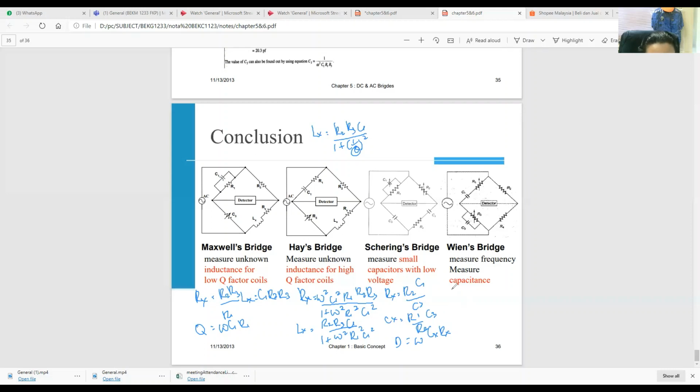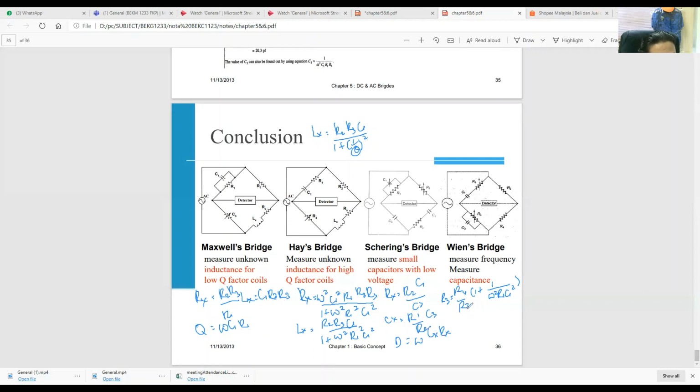Then for the Wien bridge, you have to measure, for example, R3. You can use this formula: R4 divided by R2, times 1 over omega squared R1 C1 squared. That is the formula to calculate R3.